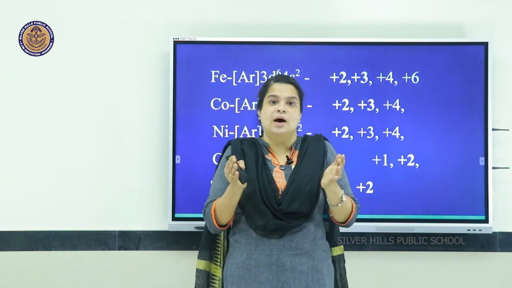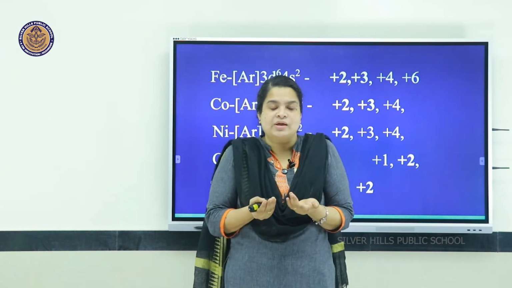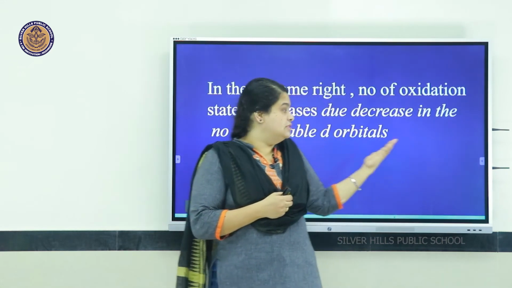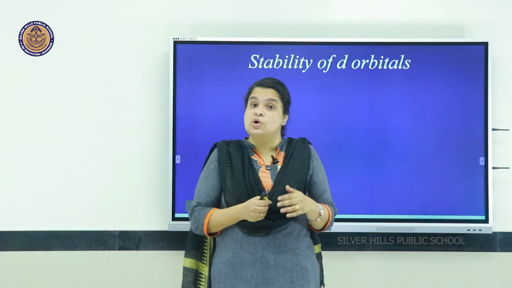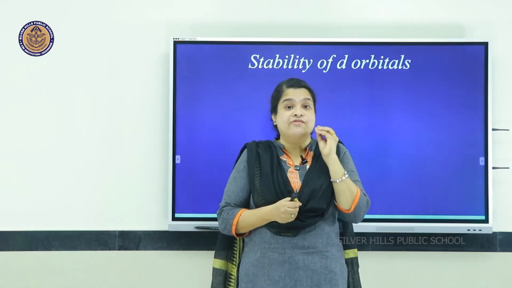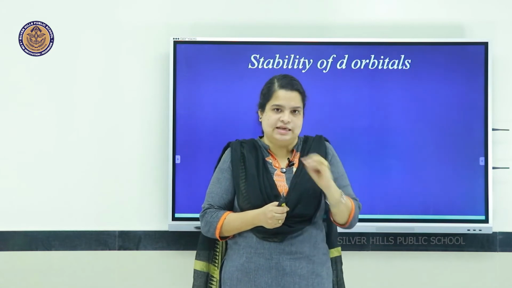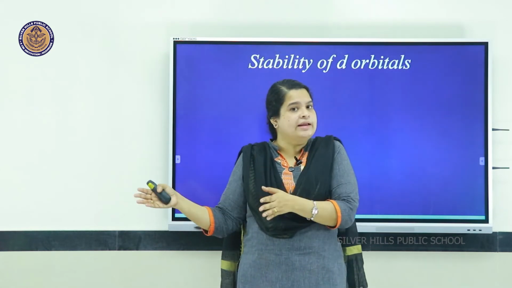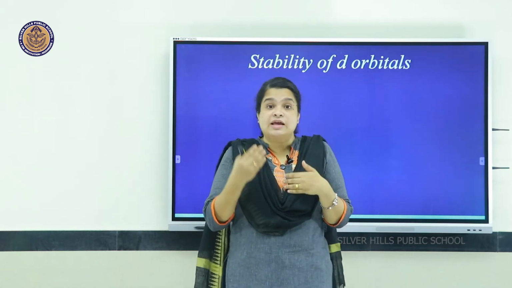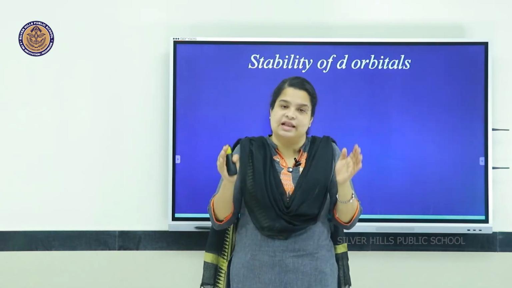Coming to the middle, the number of unpaired electrons is more. But when you reach the other end, that is copper, Zn and all, the number of electrons will be more in number, but available d orbitals are less. So at one end, the number of d electrons is less, at the other end, the availability of d orbitals is less.